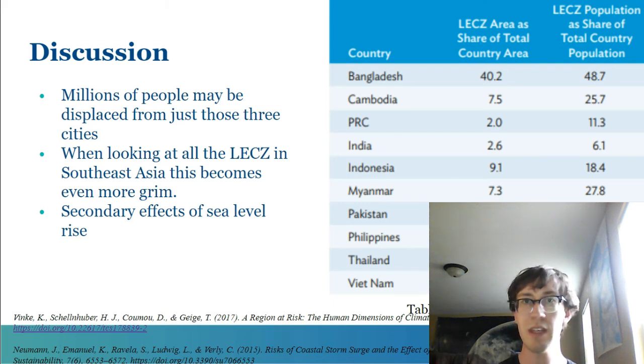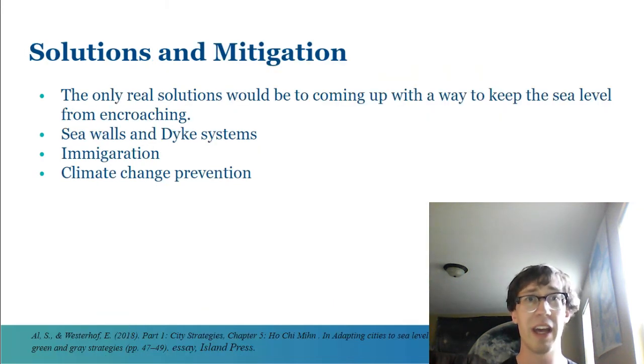Now, as to what we're going to do about it, there's not a whole lot of solutions. Some of the simple ones would just be sea level walls and dike systems trying to block some of the water that's encroaching, try to reroute where it goes. Bigger picture, climate change prevention.